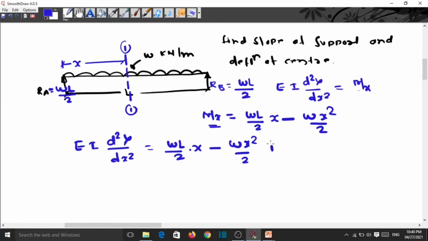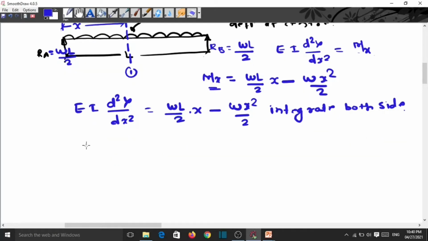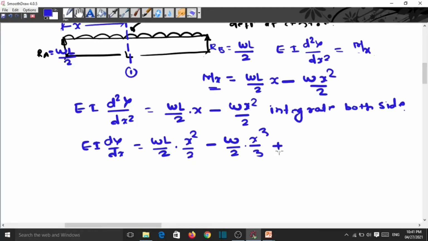Then integrate both sides. So this becomes EI dy by dx is equal to WL by 2 into x square by 2, then minus W by 2 into x cube by 3, plus C1.